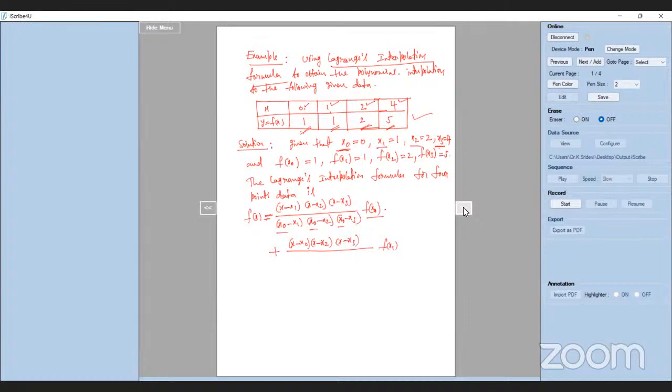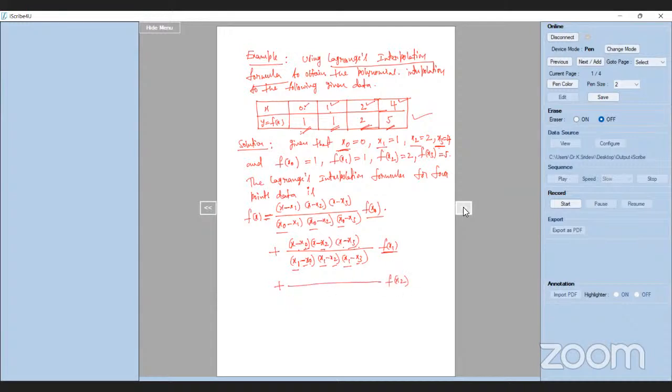No, madam. x minus x0, x minus x2, x minus x3. x1 should appear in the denominator: x1 minus x0, x1 minus x2, x1 minus x3, into f of x1. This is related to x1, f of x1. The remaining values are x0, x2, x3, like this. These are the same. Next, what is the third term, which is related to x2?